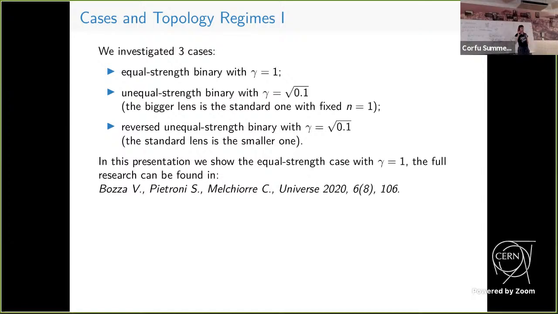So in my system, I put one lens fixed with the index n equal to 1, and then I change the second lens in order to see what happened to the system with respect to the standard case. And the third case is the reverse unequal strength binary with the standard lens that is the smaller one. In this presentation, I will show only the first case.